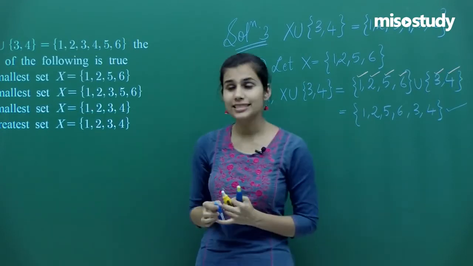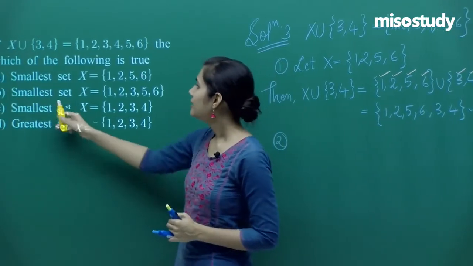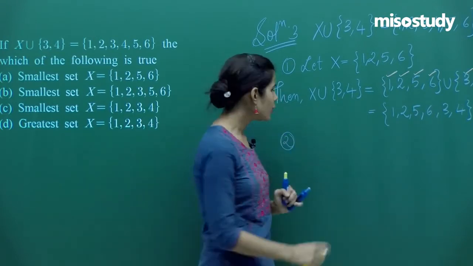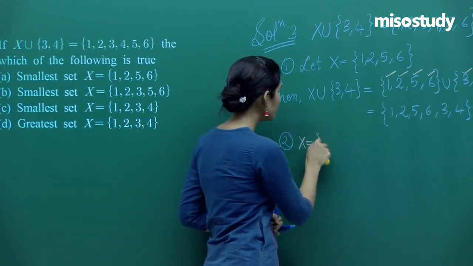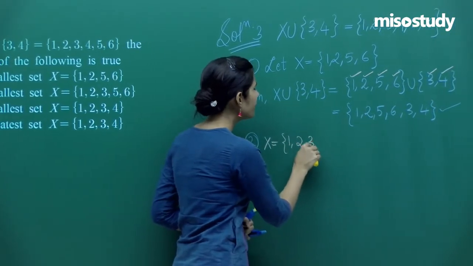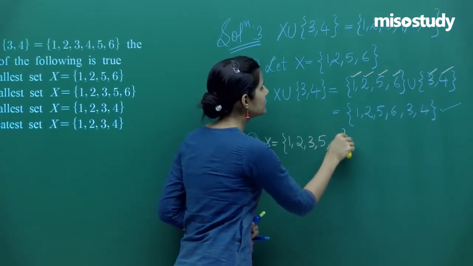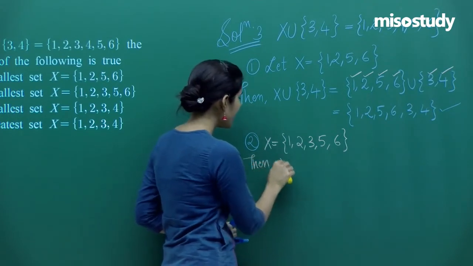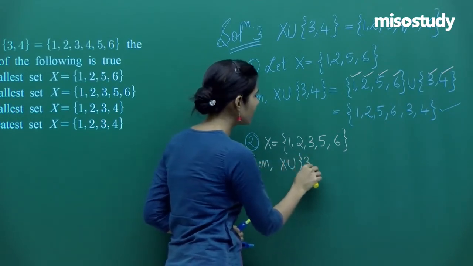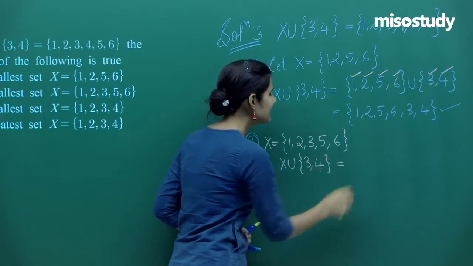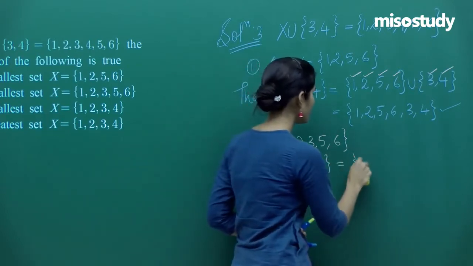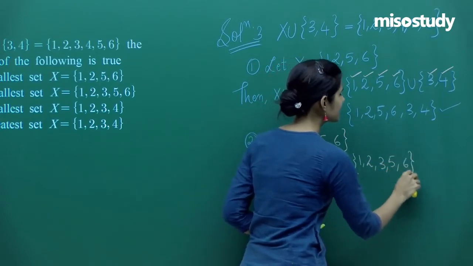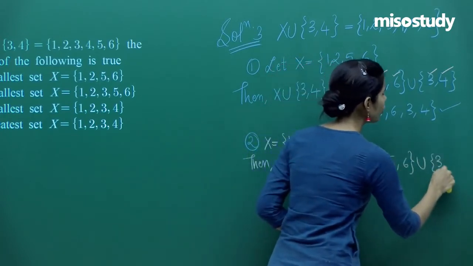If I go for the second option, it is saying smallest set X is 1, 2, 3, 5, 6. Suppose I take my X to be 1, 2, 3, 5, 6. Then X union 3, 4 turns out to be 1, 2, 3, 5 and 6 union 3, 4.